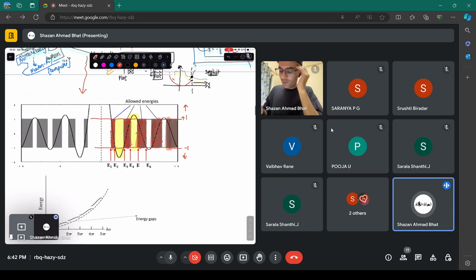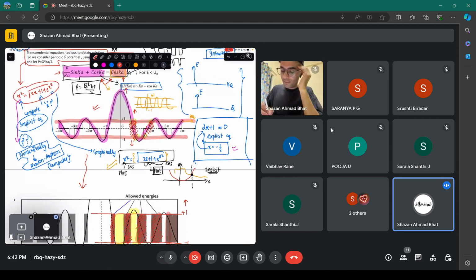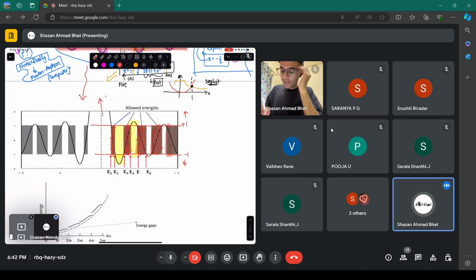And if you go back to the previous figure, you notice that P was something related to energy, because P was related to Q. That means this particular axis is the energy axis, and this axis is the K axis, which is the wave vector, something related to momentum, but let's not talk about that.